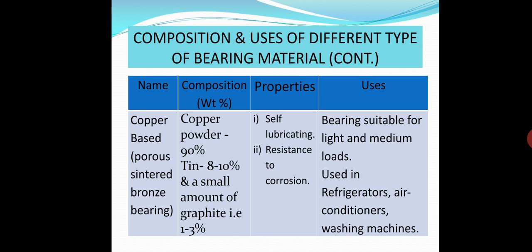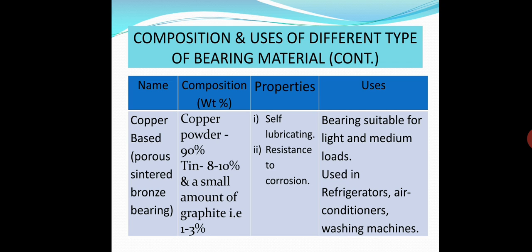Next is copper based. This is a porous sintered bronze bearing. Sintered bearings are self-lubricating bearings. Here no lubricant is required. Sintering is a powder metallurgy process where copper powder is used.